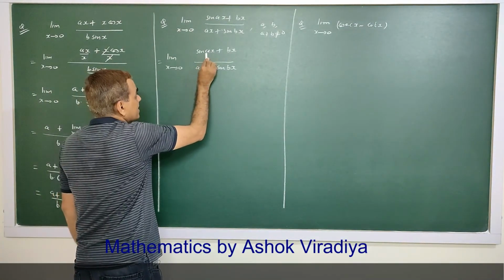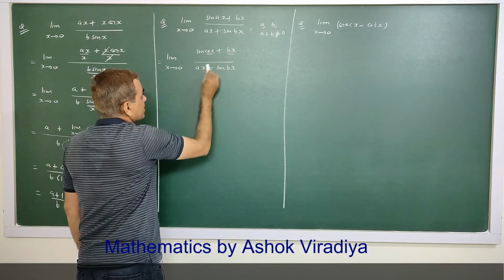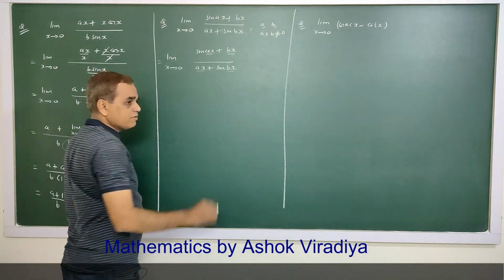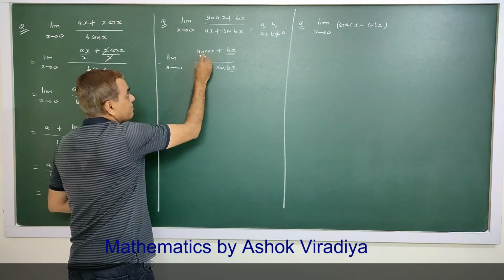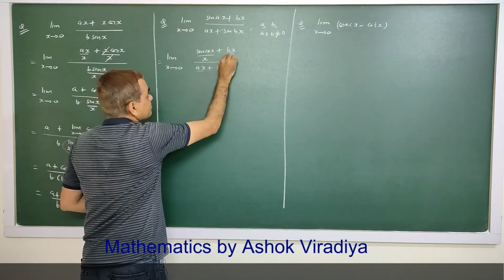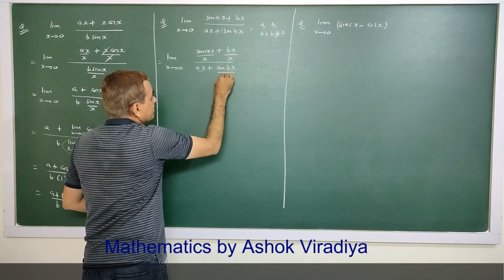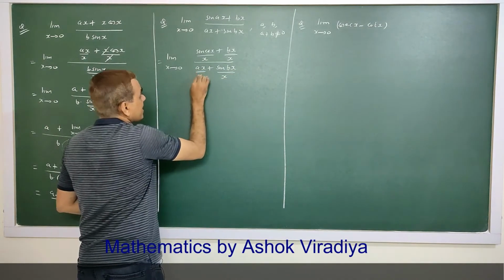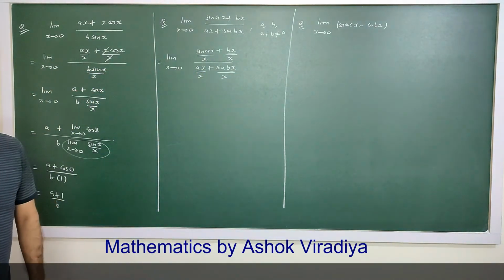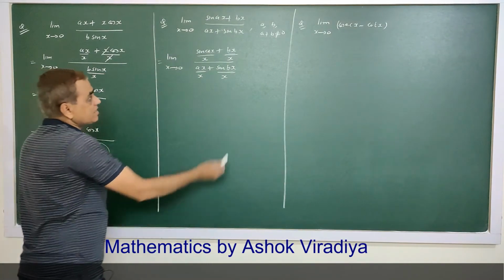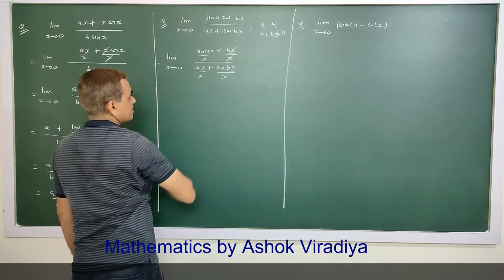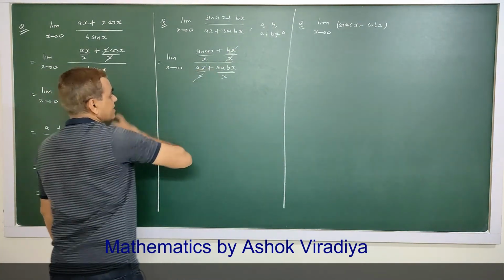See, here ax is given, here bx is given, here ax is given, here bx is given. So first of all we divide by x. Numerator and denominator are divided by x. This x is cancelled, here x is cancelled.